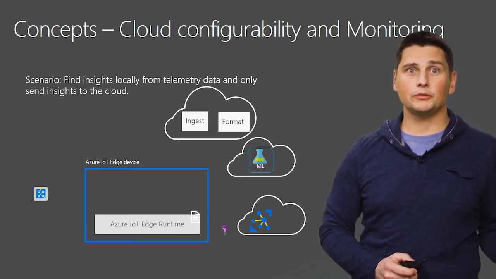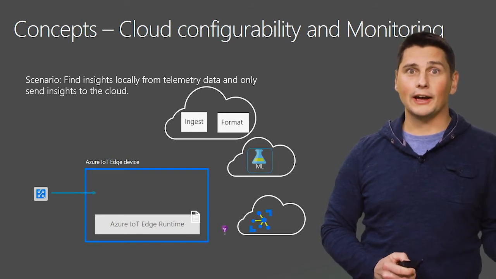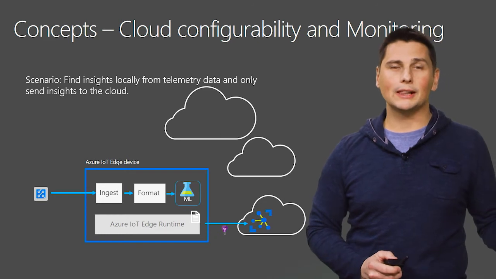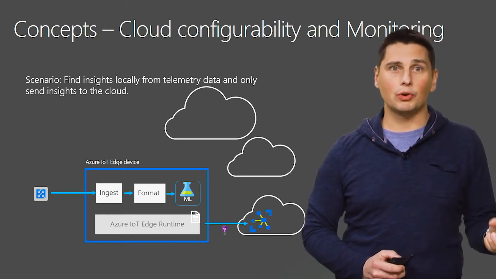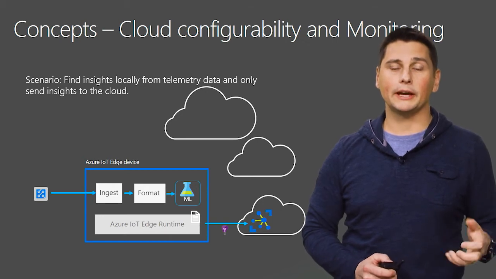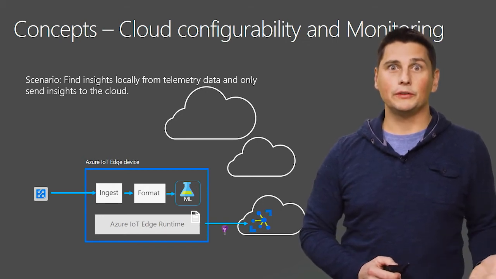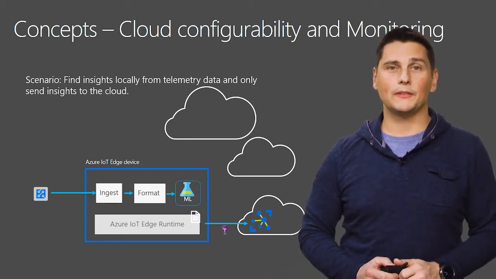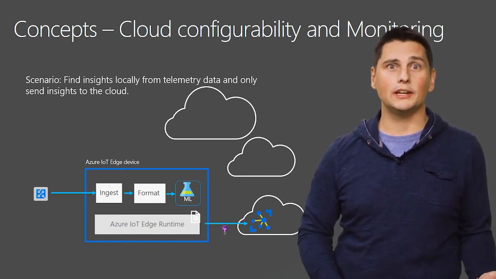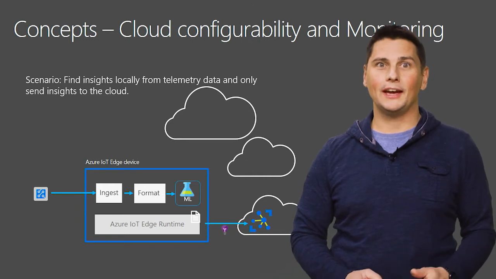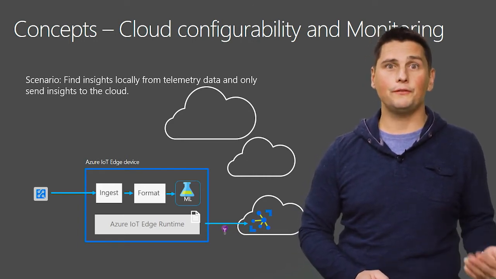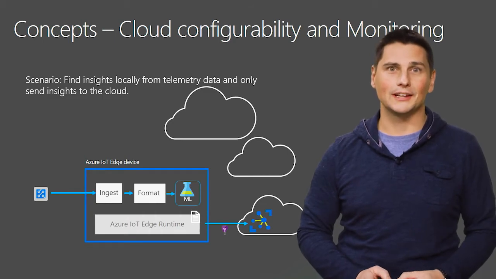When the device comes online, the Edge runtime will read that configuration, will go get the modules from the cloud, will download them, and will run them on the IoT Edge device. And now you have your full pipeline implemented on the device. Having just interacted with the cloud, you've not tinkered with the actual device, it's just running the IoT Edge runtime, and it gets all that configuration that you can now change, update, and reconfigure from the cloud through Azure IoT Hub.